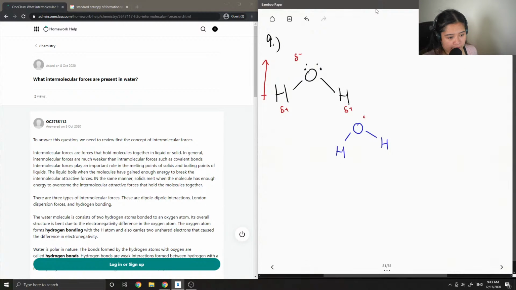So here I can show that this oxygen is partially negative. These water molecules are partially positive. And then this attraction of the partially positive side of one molecule with a partially negative side of another molecule is called hydrogen bonding.